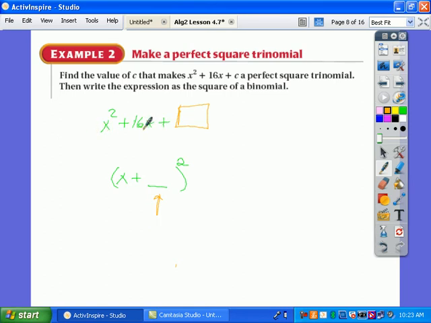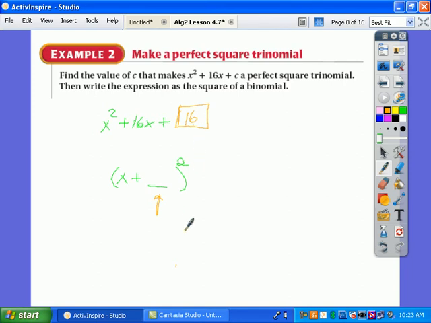Imagine I have x squared plus 16x plus some number, and there's only one number that could work here. So let's try plugging in the number 16. Imagine this number was 16, and it's not, that's incorrect.